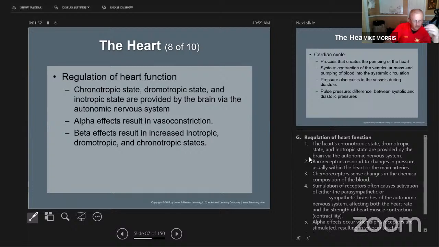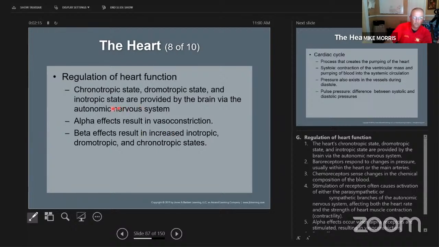And so that puts the players in play, right? We're going to have a release of epi, release of norepi to bring about vasoconstriction. And when we're talking about epi, again, we're talking about beta 1, beta 2.